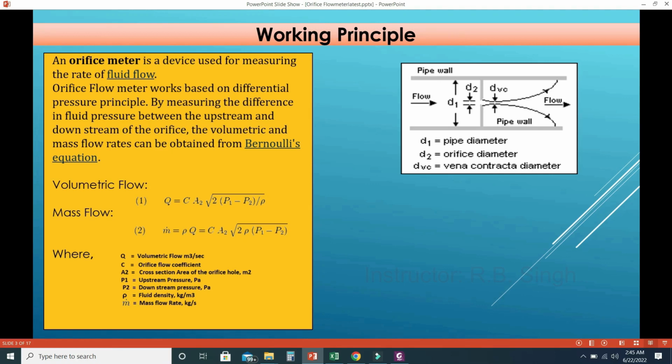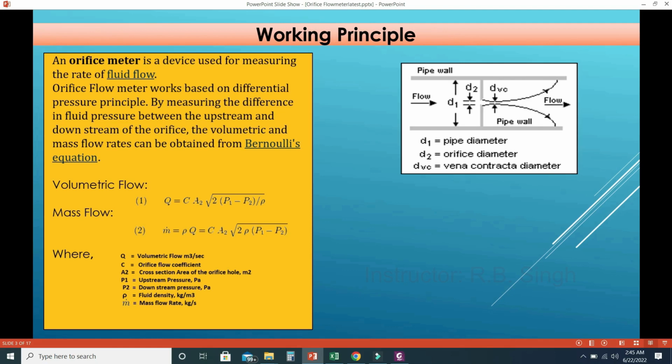Q is volumetric flow, C is the orifice flow coefficient, A2 is the cross-sectional area of the orifice hole, P1 is upstream pressure, P2 is downstream pressure, and ρ is fluid density. Whenever we convert volumetric flow to mass flow, we have to multiply the volumetric flow by density. So we get mass flow M = ρ × Q.